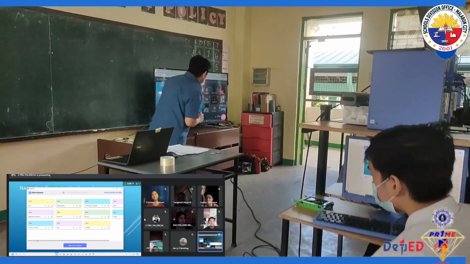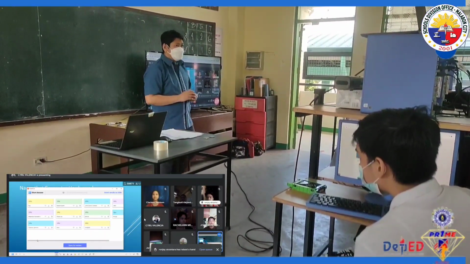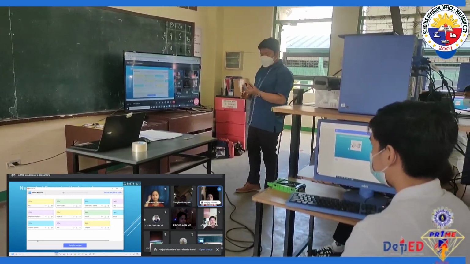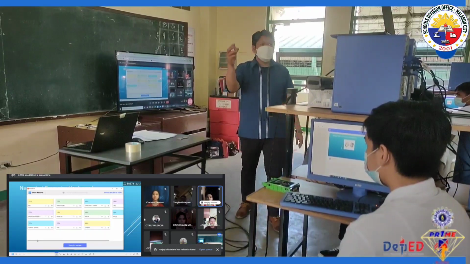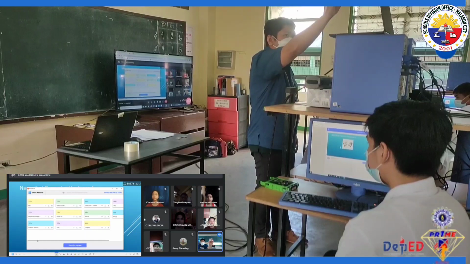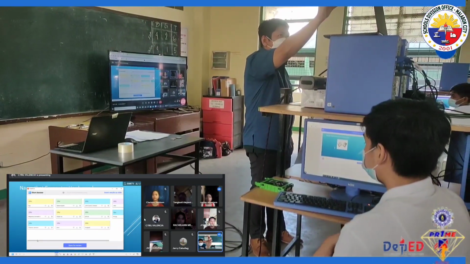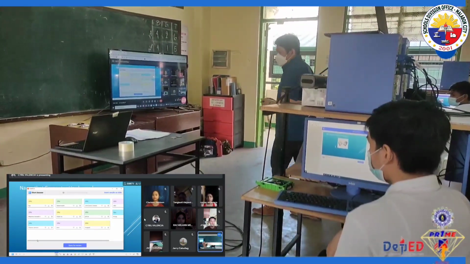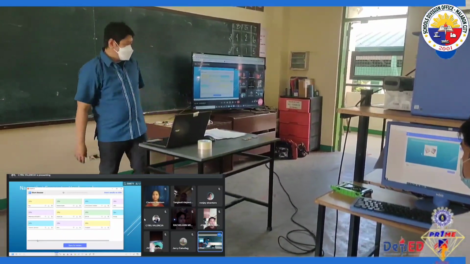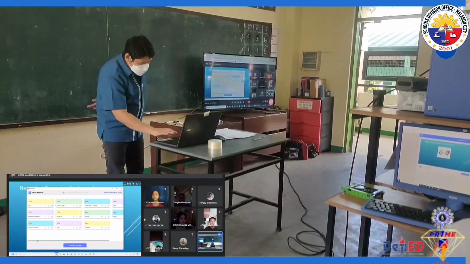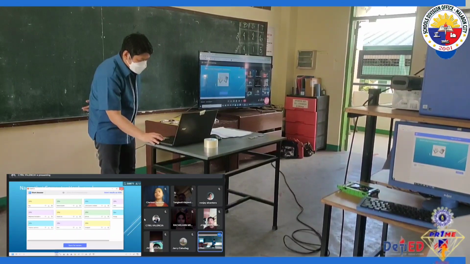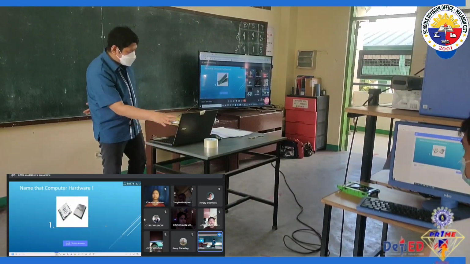Ron J? It's computer processing unit, or CPU. Do you see the example of the CPU? Yes, sir. It is known as the brain of the computer. The correct answer is the CPU.